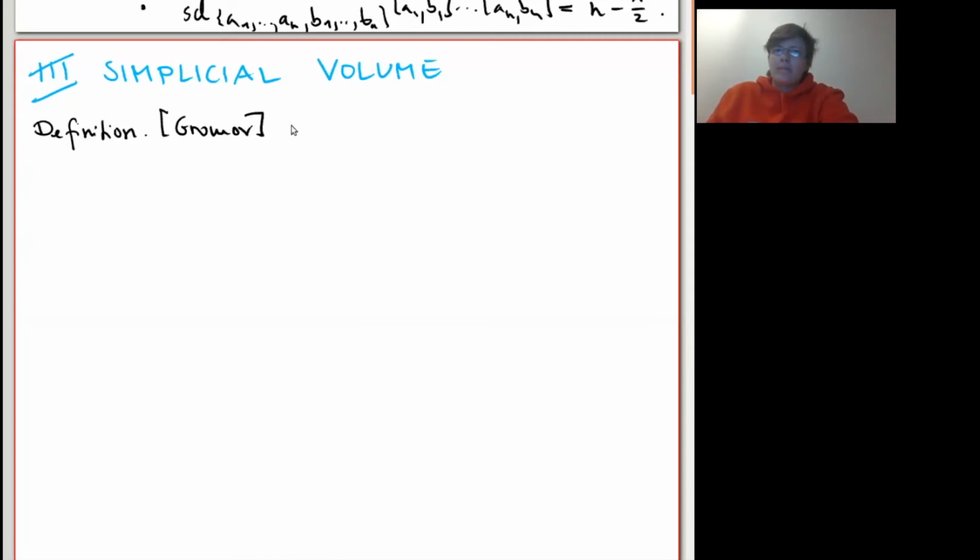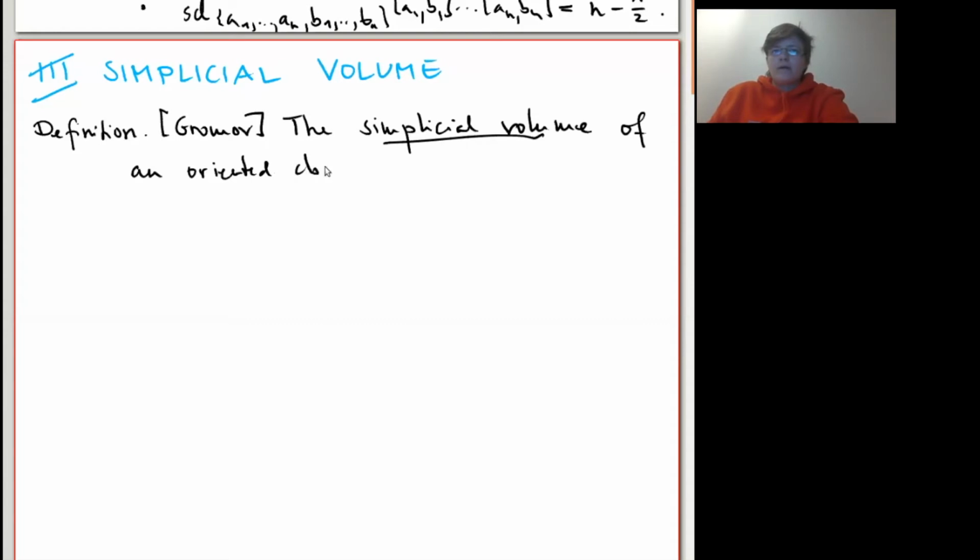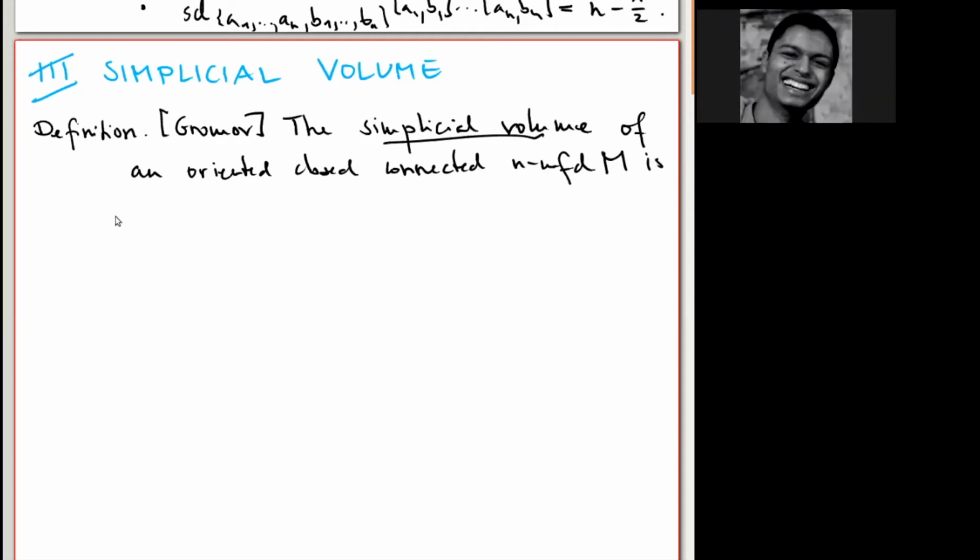So this is an invariant of manifolds. The simplicial volume of an oriented closed connected n-manifold M is defined as follows.